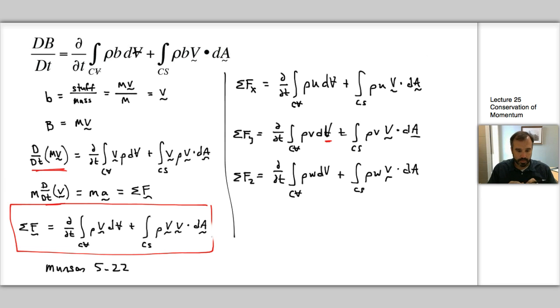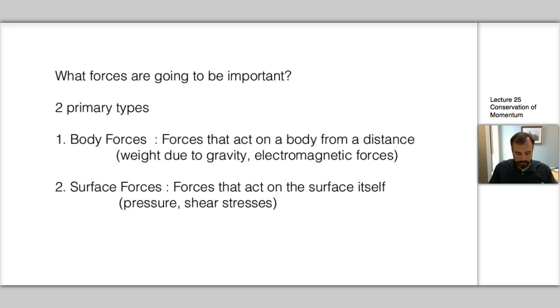Before we end this video, I want to talk about the forces here. What forces are really going to be important when we think about the conservation of momentum? There are two primary types of forces that we need to be concerned with when doing these types of analyses. The first one is body forces.